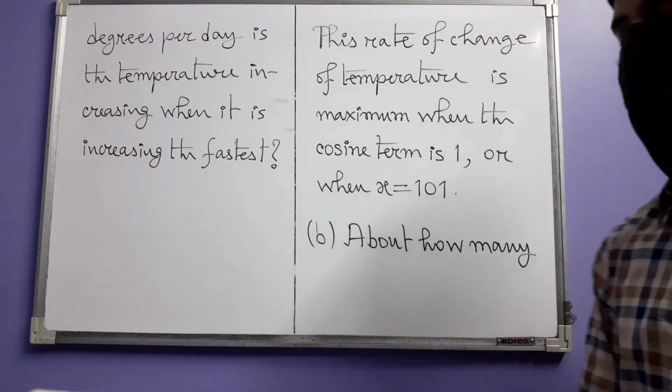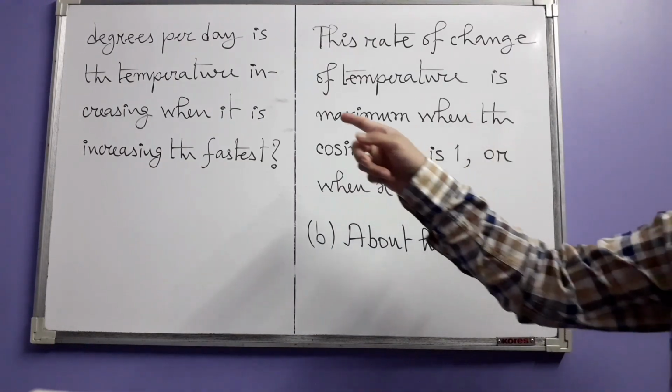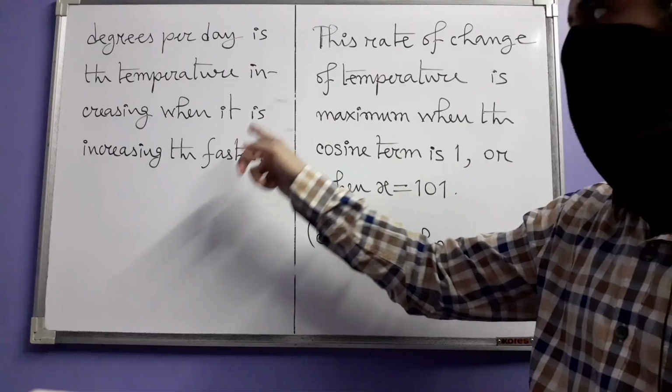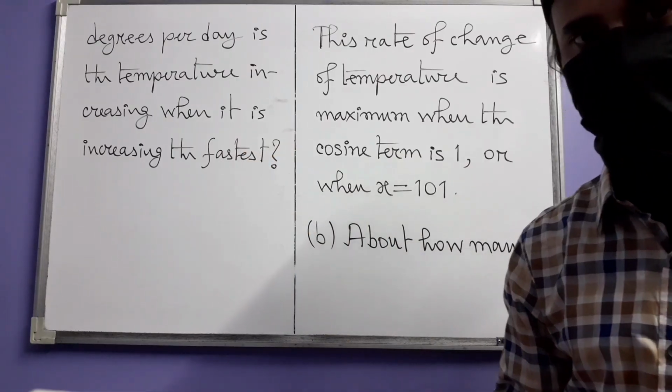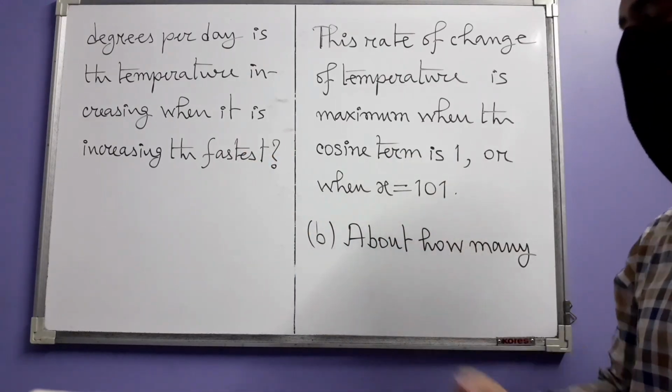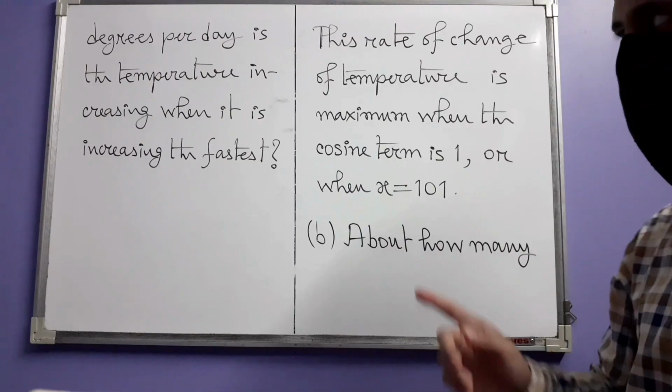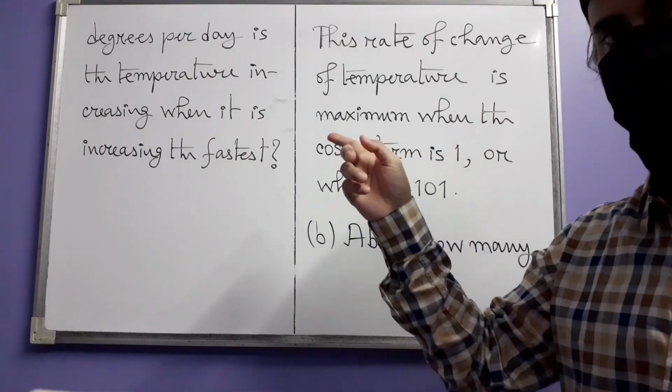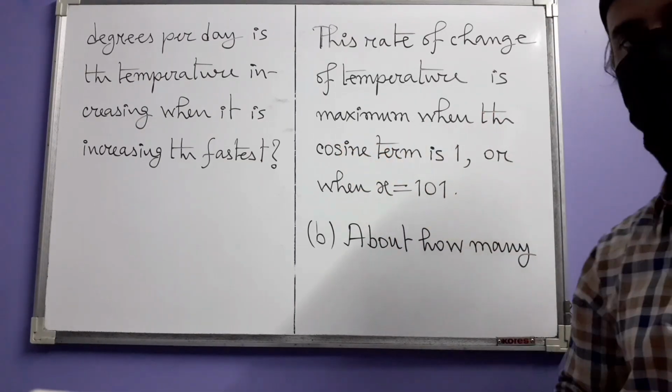And next we have part B: about how many degrees per day is the temperature increasing when it is increasing the fastest? That means we have to find the fastest rate, or in other words we have to find the value of that derivative when x is equal to 101.